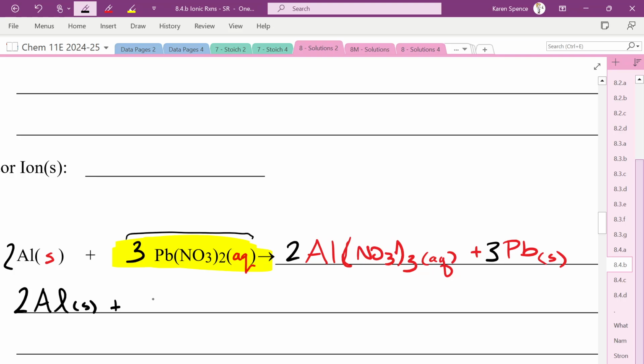How many leads? 3. How many nitrates? Should I write the charge on Al? What's the charge of Al in the reactants? 0.